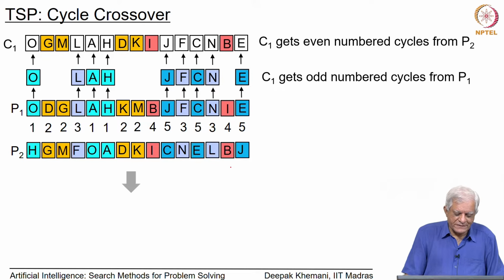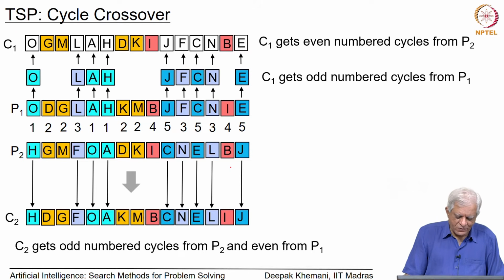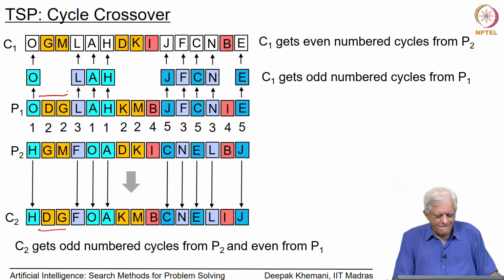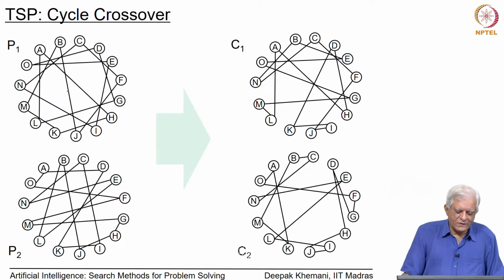The second child is constructed in a similar fashion. We take the odd numbered cycles from parent 2 for child 2, and the even numbered from parent 1 essentially. You can see, for example, that this DG has come from parent 1, which is an even numbered cycle. If we look at the two tours that we just drew, we have just drawn them randomly and have not yet identified edge costs.